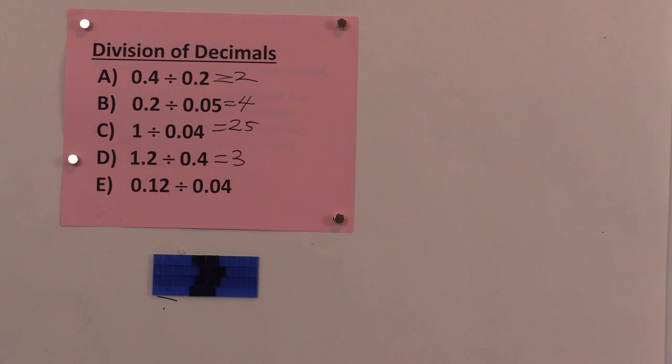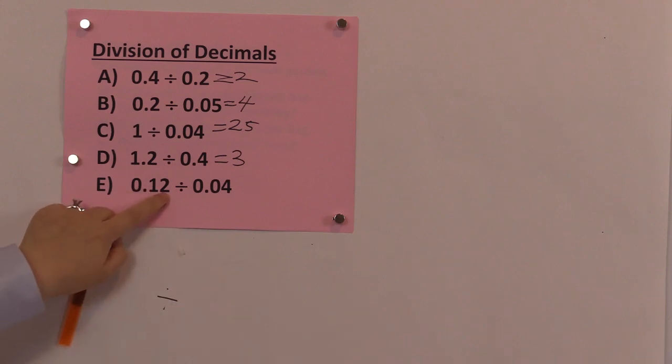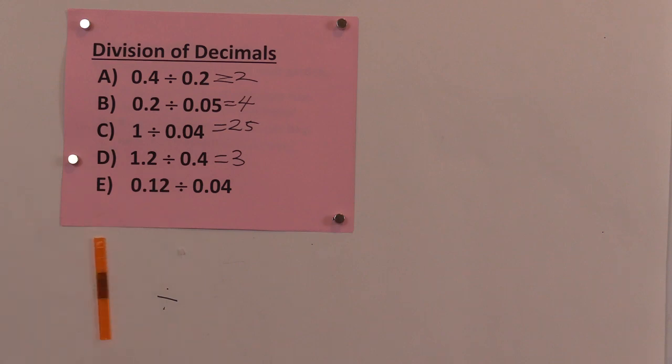12 hundredths. So it's going to be 10 hundredths plus 2 hundredths. And I want to know, divide by 4 tenths. Right?